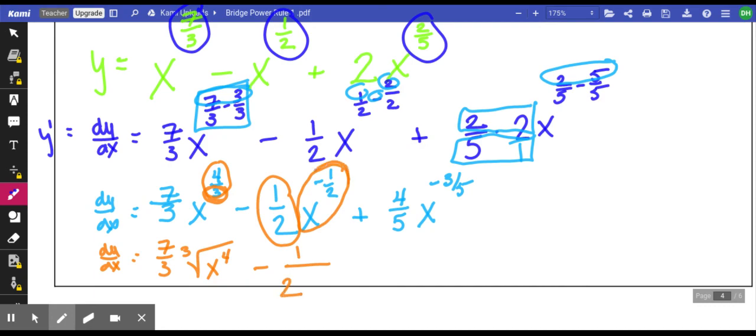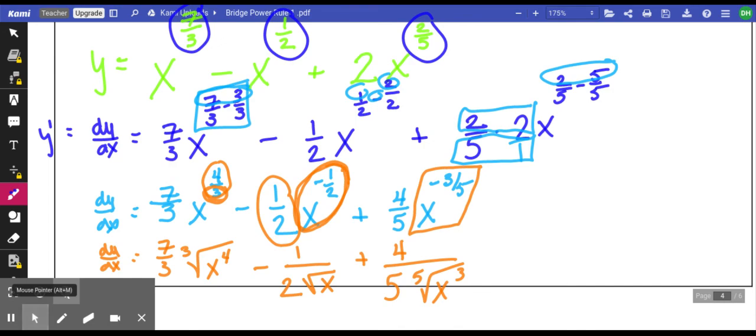This is going to go to the denominator because it's a negative exponent, square root of x. Keep my plus sign. Negative exponent, so this piece, it's only on the x, will turn into the denominator. So 4 is in the numerator, 5 in the denominator, and this becomes the 5th root of x cubed. And that, my friends, is our final answer for the derivative.